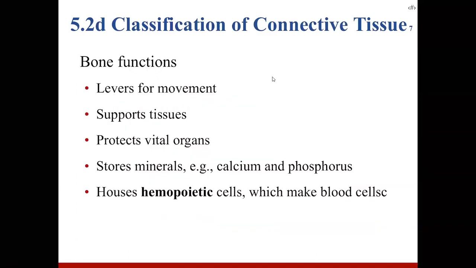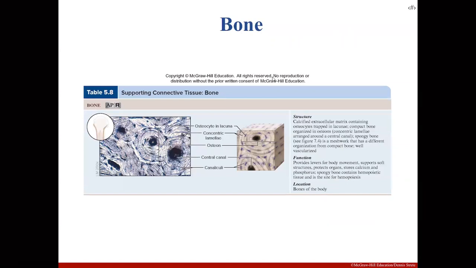Compact bone is very dense. This is what compact bone looks like, kind of like a tree trunk. Compact bone is on the outside and spongy bone is kind of in the middle of the long bones. For right now, know that bones' function is movement and support and really protection.